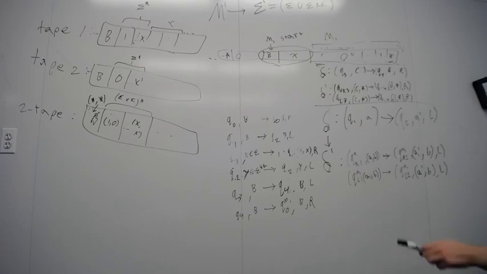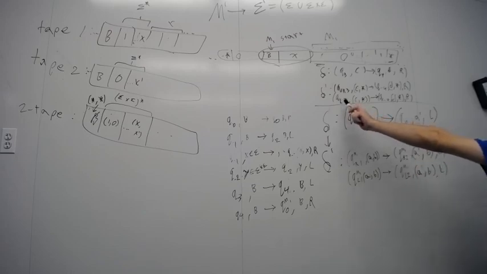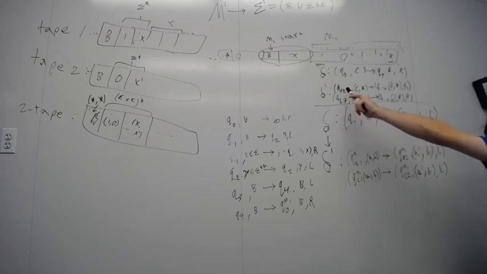Here, this state thinks it's left of the middle, and this state thinks it's right of the middle. So is it right for both? It's right for both, because now both are right of the middle.